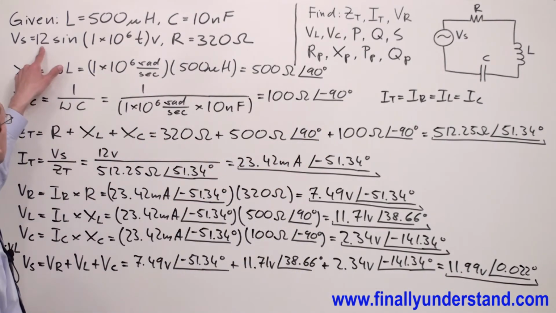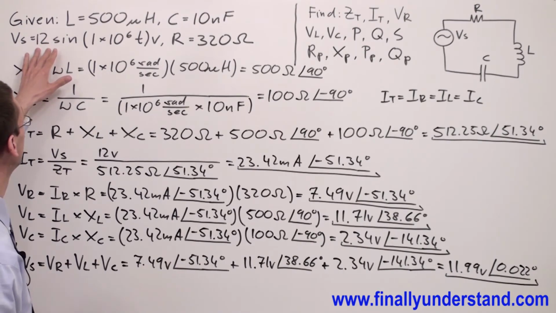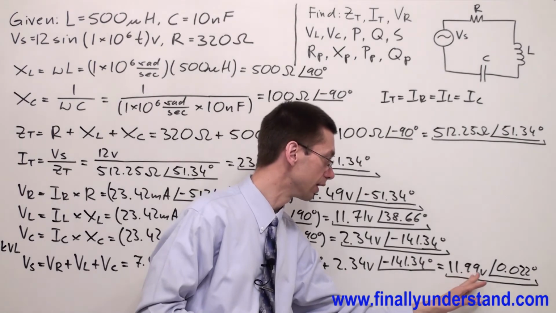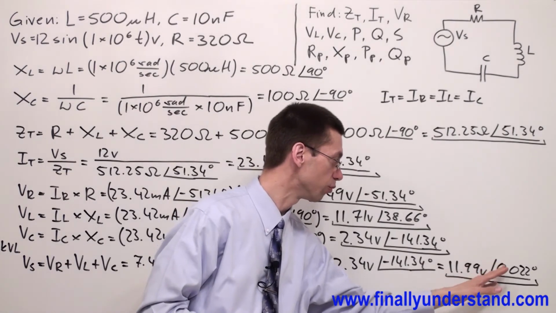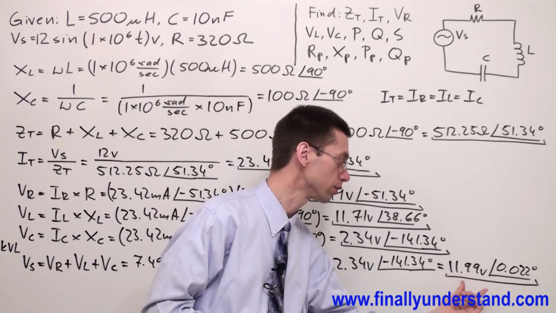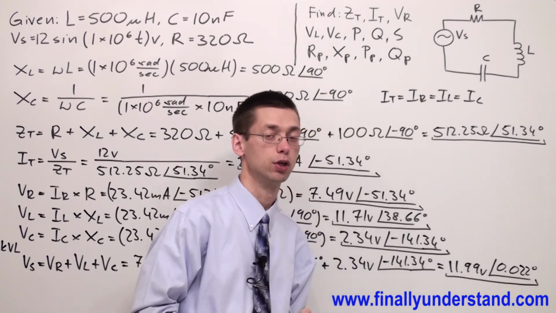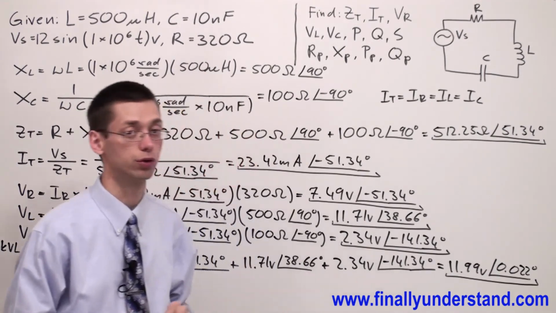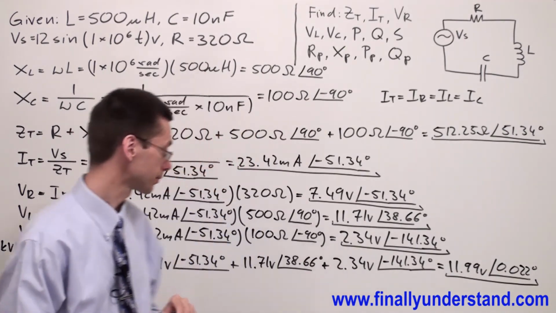The voltage source has a value of 12 volts and angle of 0 degrees, and we obtain 11.99 and angle 0.022 degrees. So we can say this is 12 volts and angle of 0 degrees. So it means that our calculations up to this point are okay.